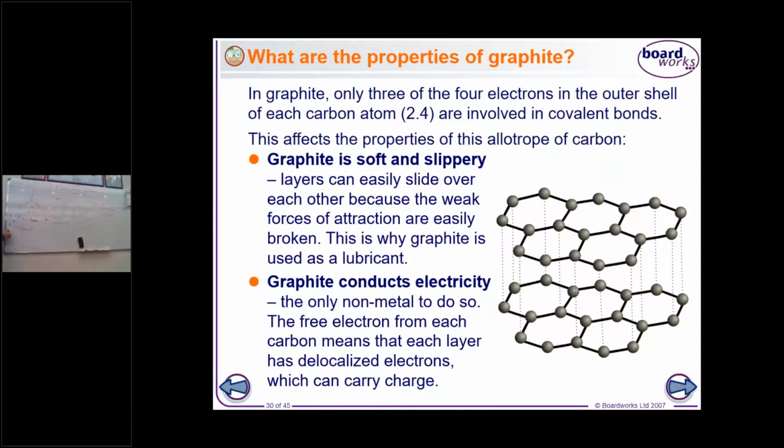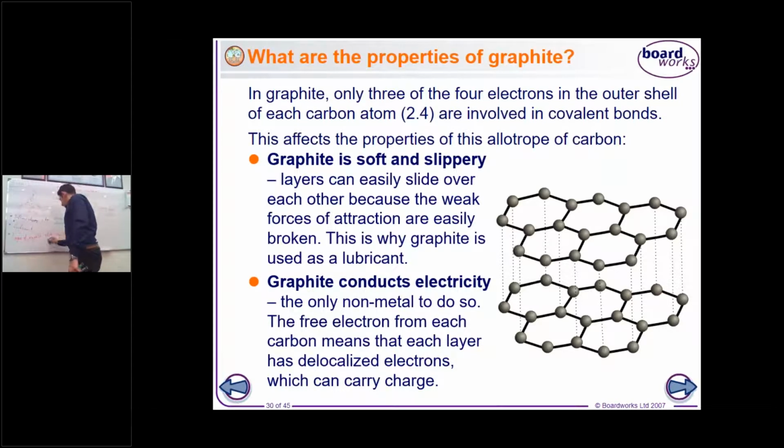And what happens when you are writing with graphite, because it comes in the questions. What will you write down? You will write: layers of graphite slide over each other.